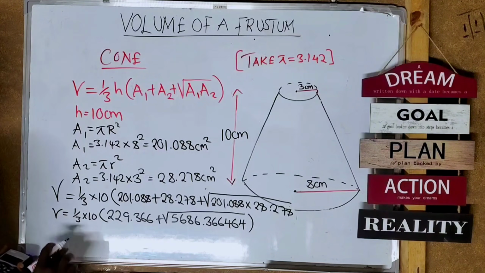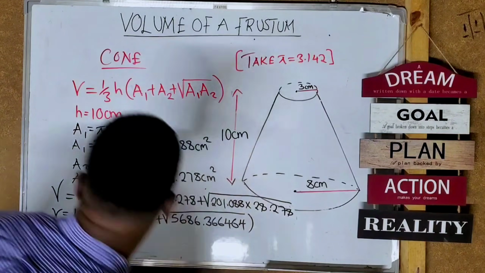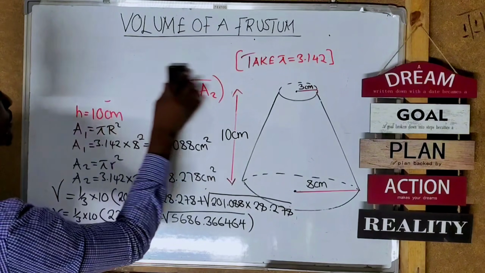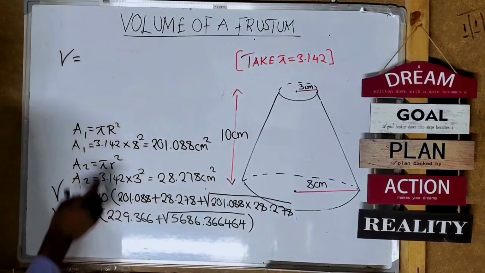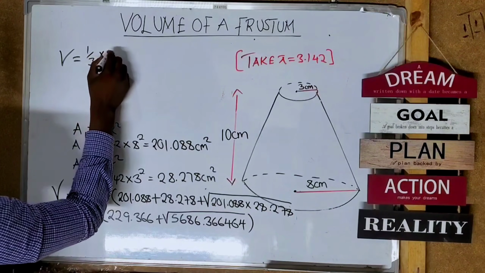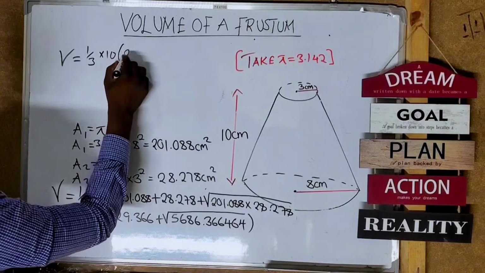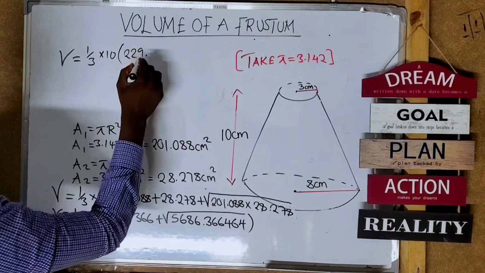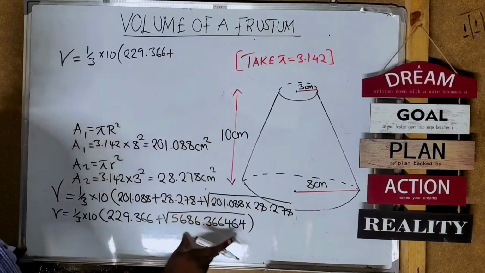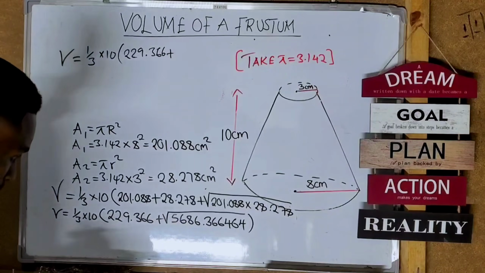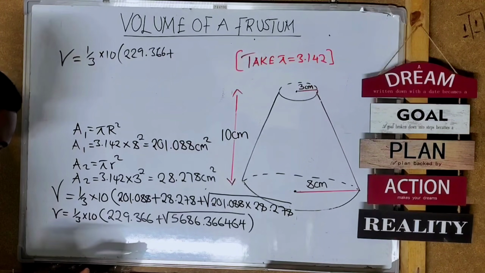Let me clear the space this side. So we have 1/3 multiplied by 10, open bracket, 229.366 plus the square root of 5686.366464.